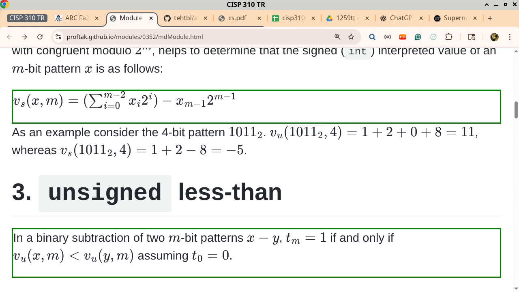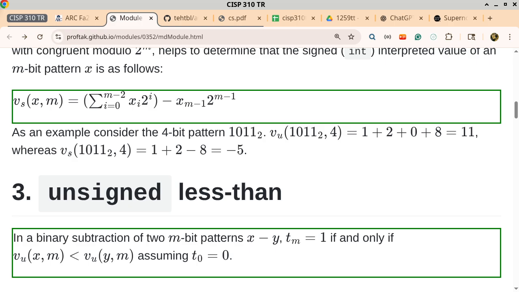But this product can be negative if and only if x of m minus 1, which is the most significant bit, is a 1. And that's why x of m minus 1, or the most significant bit of a bit pattern, is also known as the sign bit. Because if that bit is a 1, then the number has to be negative.